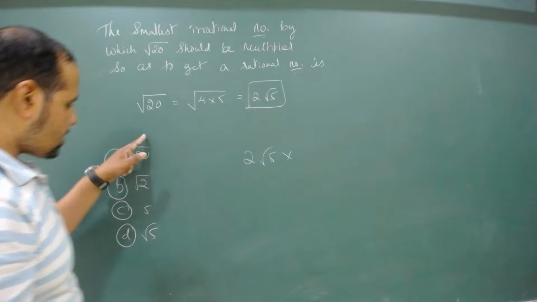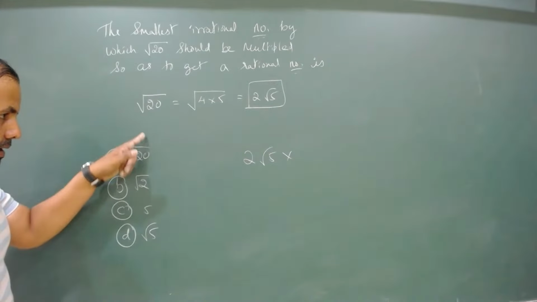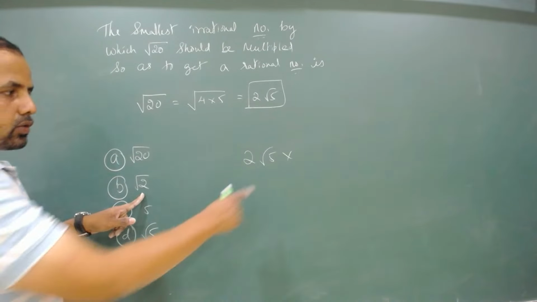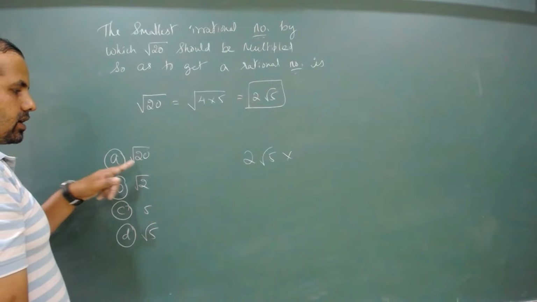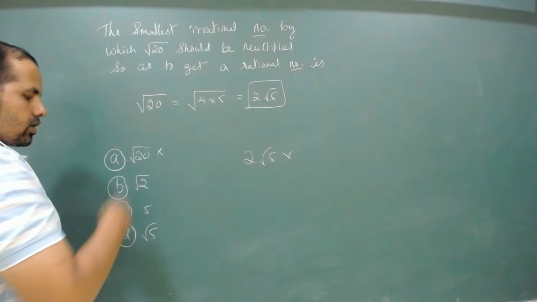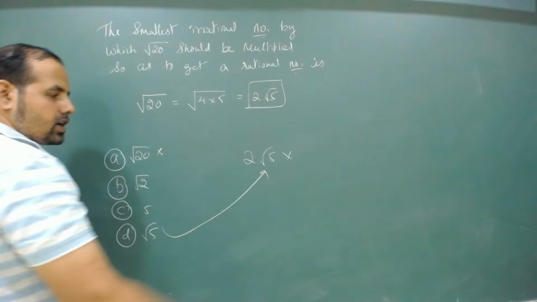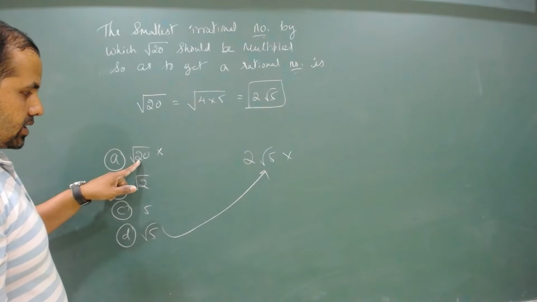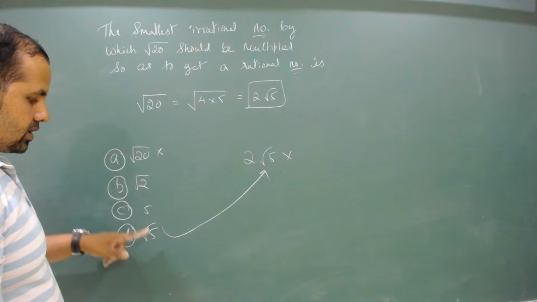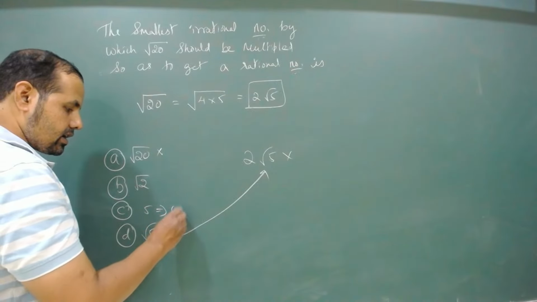So the smallest number, I should take it from here. I cannot take root 2, because if I take root 2 into root 5, it becomes root 10. If I take 20, not possible. Among the options, this is irrational, this is irrational, this is irrational, this is rational.